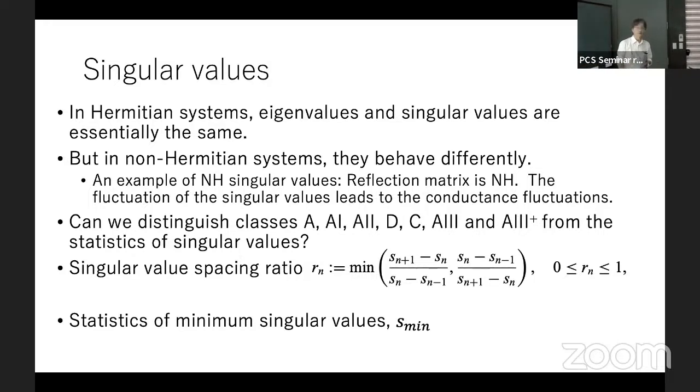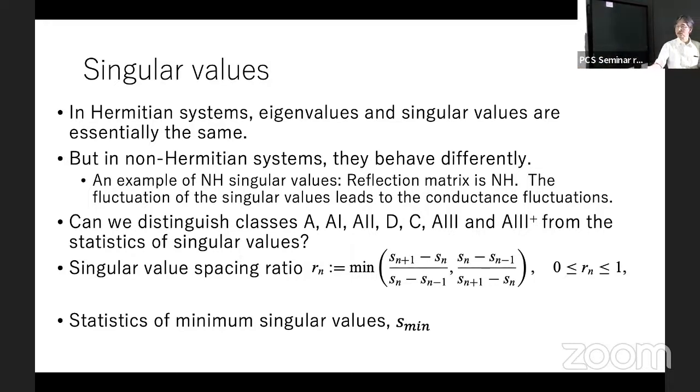For this purpose, I will focus on this quantity, the singular value spacing ratio, r_n. Now, s is not the spacing of energy, but indicates the singular value, which is always positive or zero. And this is the distance between n and n plus 1 and between n minus 1 and n. We take the minimum of these two choices. This is the singular value spacing ratio, r_n.